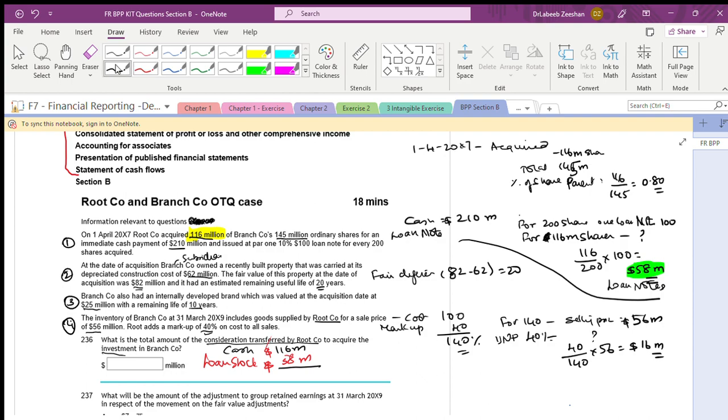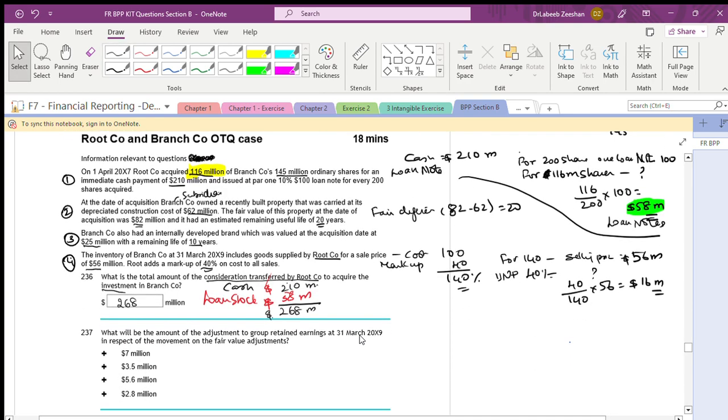Cash is 210 million. Okay, cash is how much? Cash is 210 million. Sorry, how much is it? 210 plus 58, it comes to 268 million.